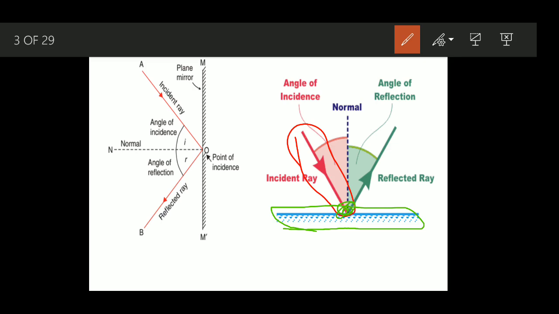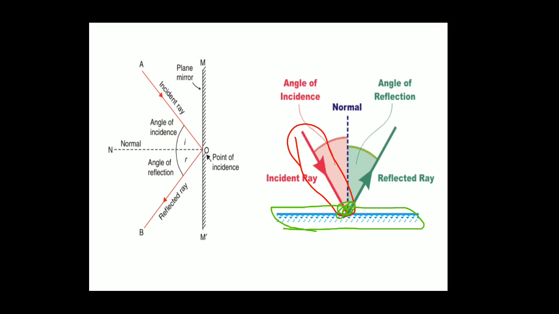The angle between the reflected ray and the normal is called the angle of reflection. So from this diagram we studied: reflecting surface, incident ray, normal, reflected ray, angle of incidence, angle of reflection.